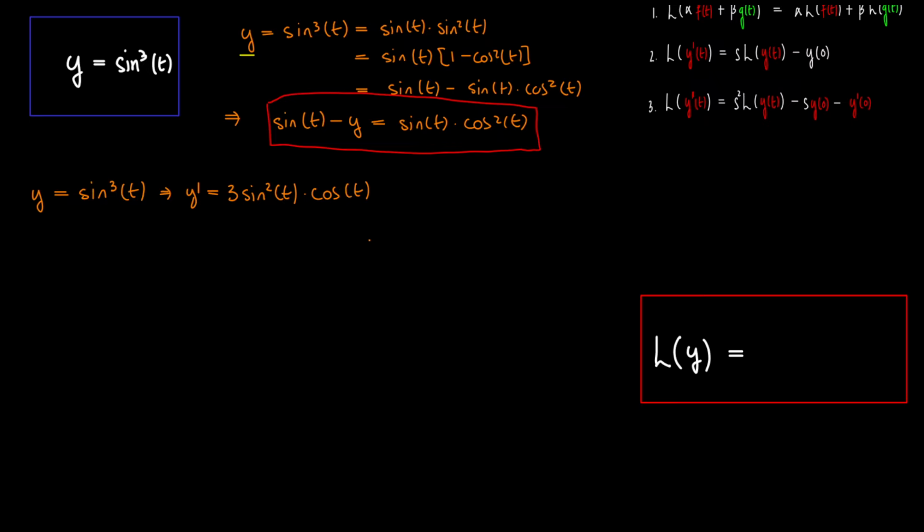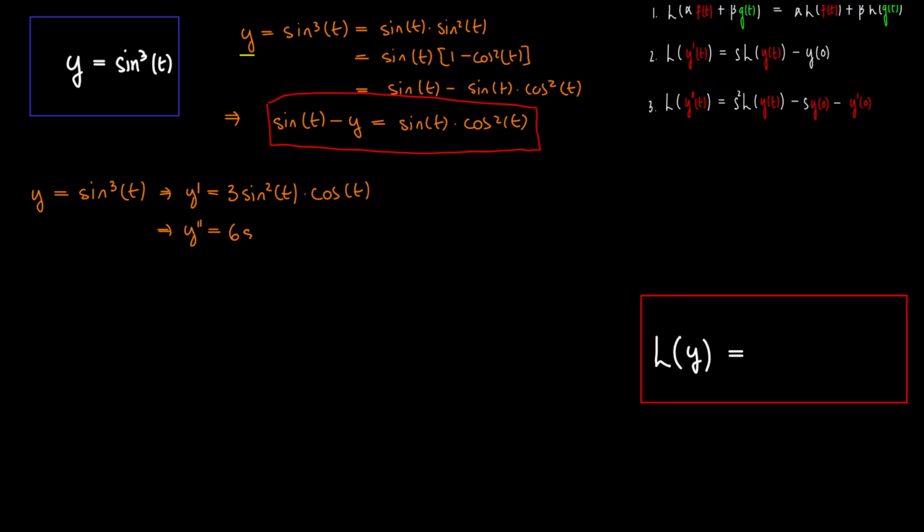Okay? And we can see here we're not in a position to simplify anything. So what do we do? We differentiate again. And we get y double prime is equal to, so I differentiate, this is a product of functions, so I differentiate this first product, so I get 6 sine t times cos t, and then the cos t will multiply with this one to get cos squared of t.